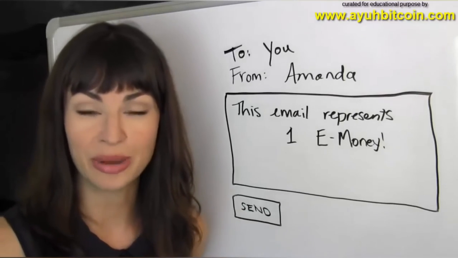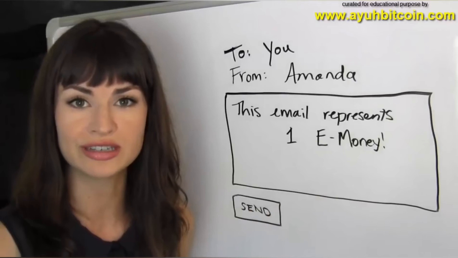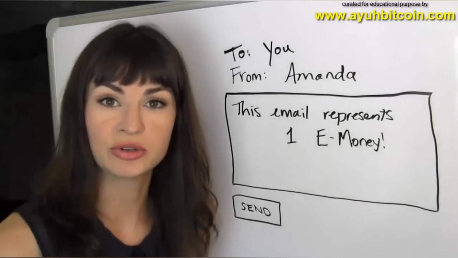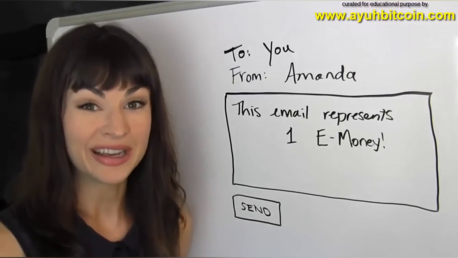If enough people started passing these around and accepting them for goods and services, this would be a primitive sort of digital currency. It wouldn't be a very good one, however, in that I could do this.